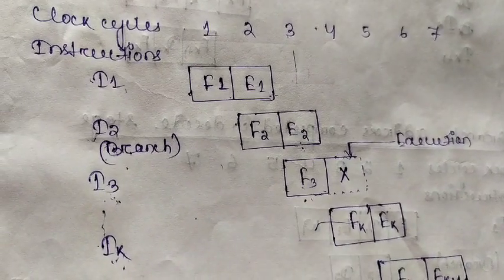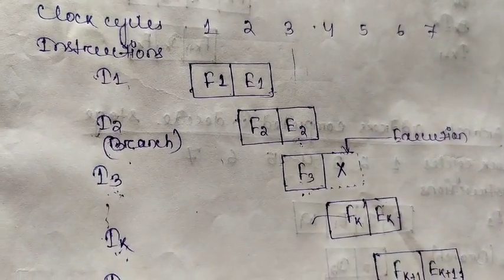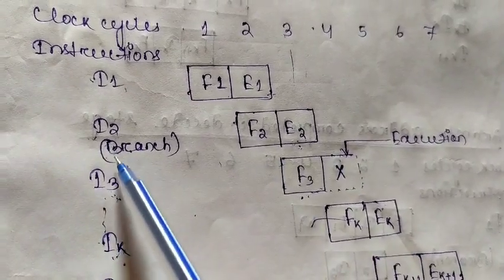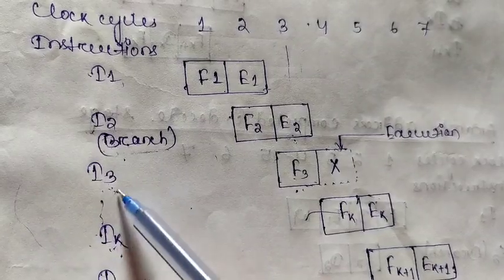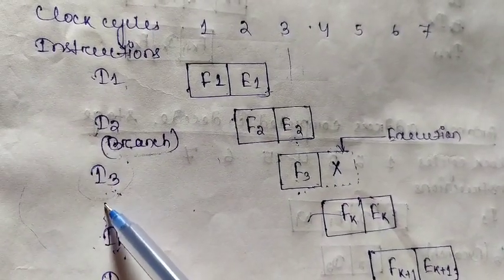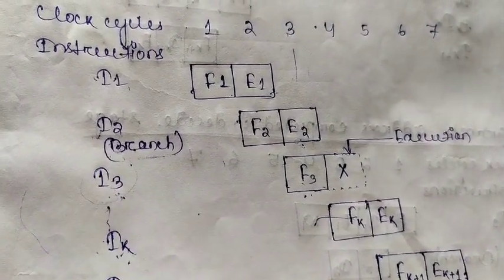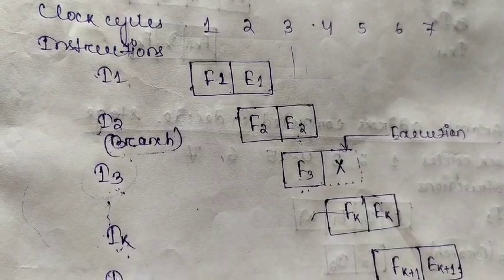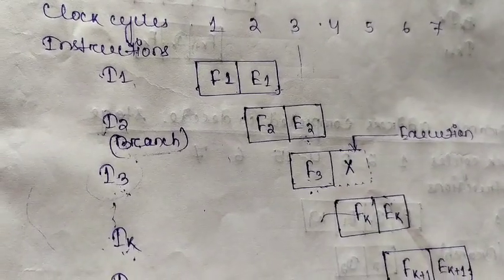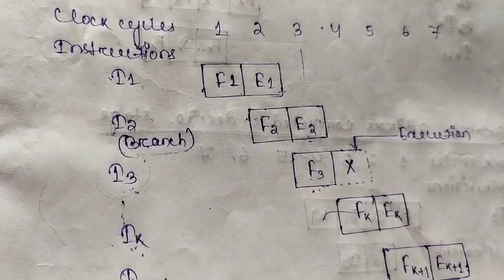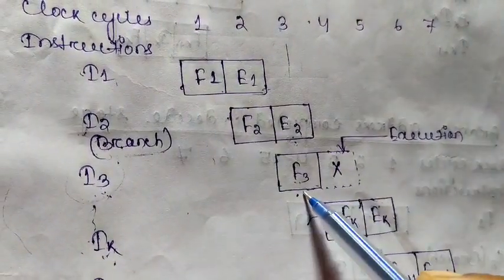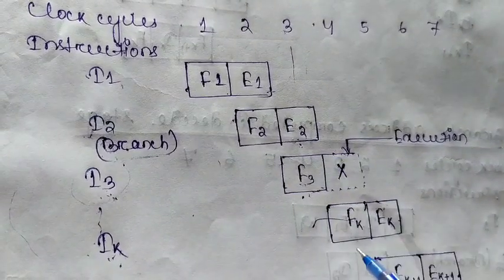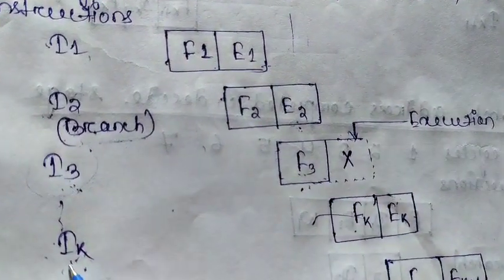But when we are executing a branch instruction, the branch instruction's next instruction may not be the immediate next instruction. Maybe it is another one. So I3 has been incorrectly fetched, but we need to fetch IK.